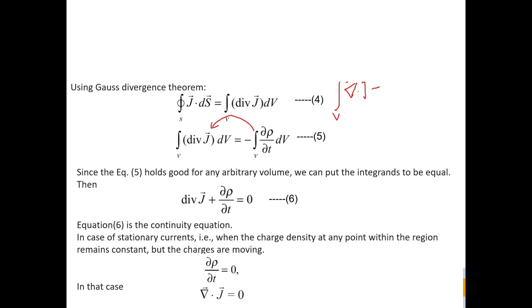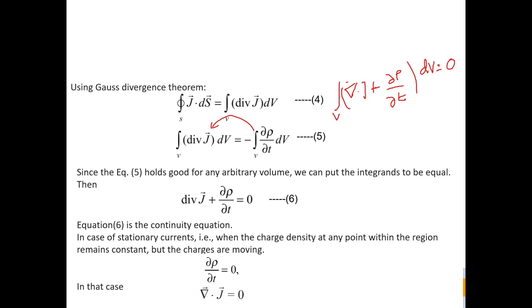So I have plus del rho upon del t. So taking the volume integral of that dV equals 0.